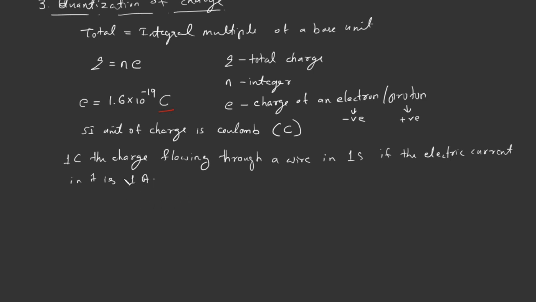So what it means? If an electric current in a wire is 1 ampere, the charge flowing through that wire in 1 second is called 1 Coulomb.